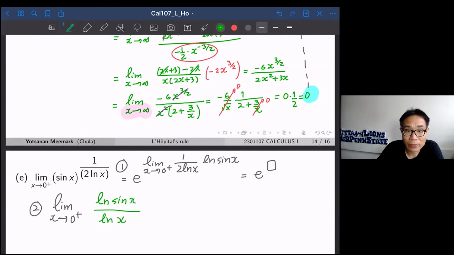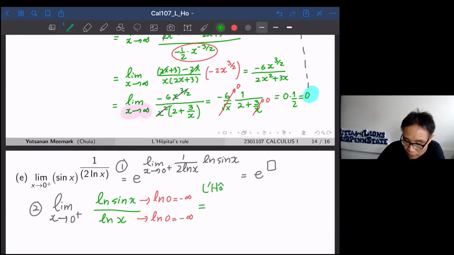Okay, so this guy will be the thing. And you see that this becomes log 0 over log 0. Okay, and log 0 is equal to negative infinity. So you will use L'Hopital, infinity over infinity.